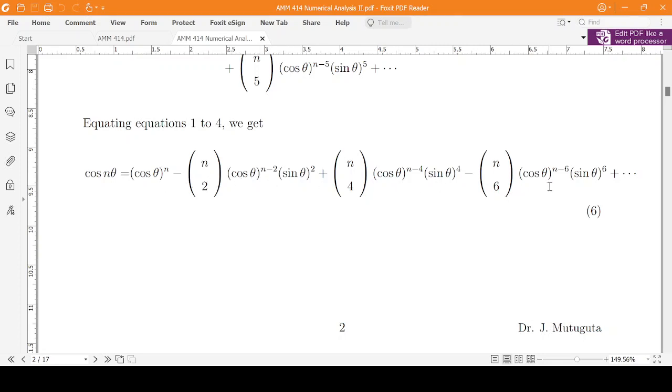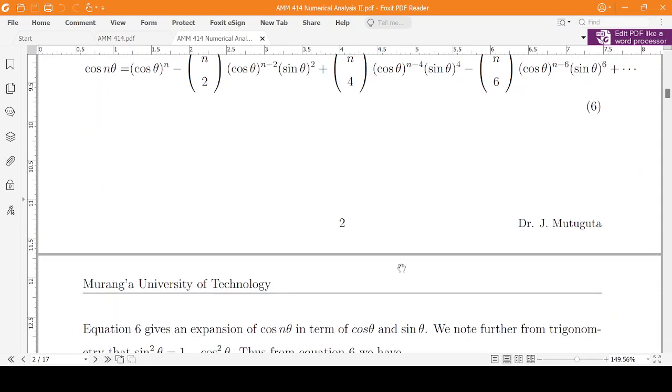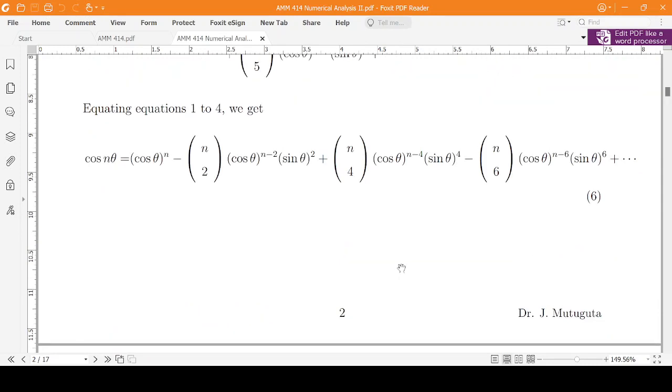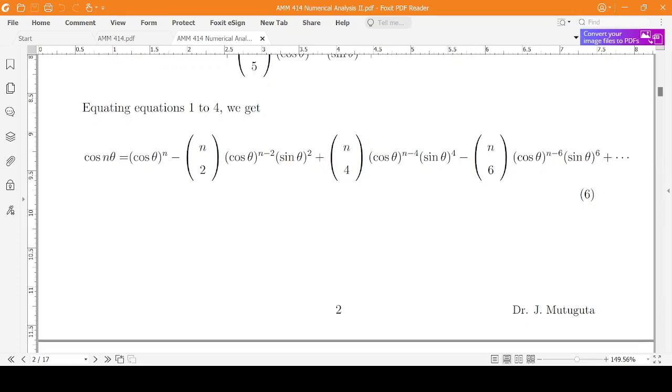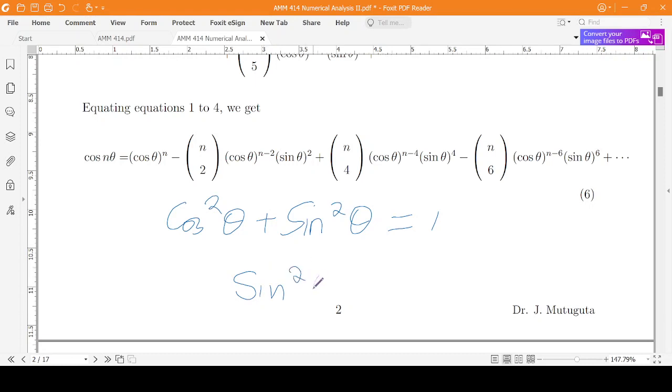This expression here, which we call equation 6, and we could also replace the sine squared theta here. The square of sine of theta, remember, we can expand using the first identity in trigonometry, cos squared theta plus sine squared theta is equal to 1. We can make the square of sine of theta the subject and write 1 minus cos squared theta.